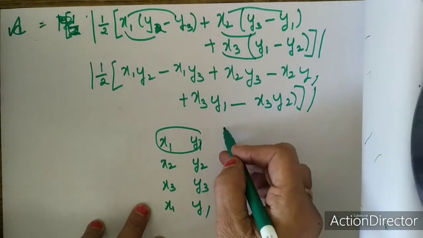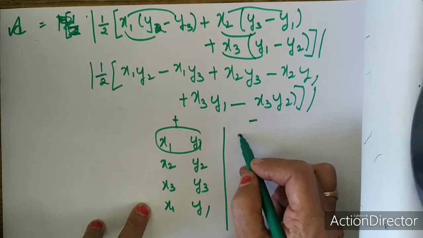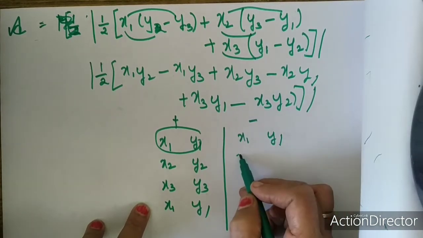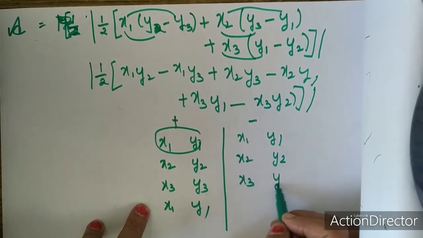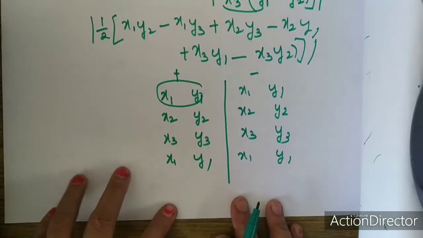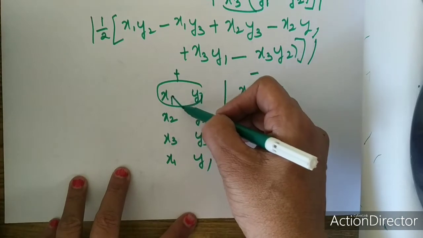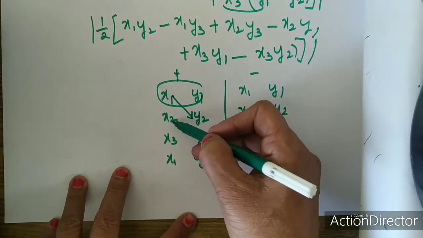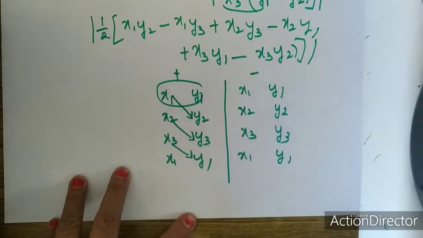This is for the positive column, and similarly you make one more for the negative column: x1, y1, x2, y2, x3, y3, x1, y1. Now in the positive column I will multiply like this. See the arrow: x1, y2, x2, y3 and x3, y1.